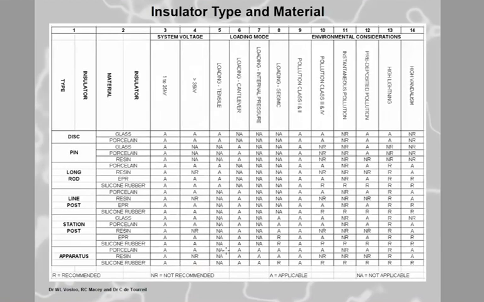Now, here's a table, and this table is in the book. You've got a disc insulator, which can be from glass or porcelain. And the pin insulator is normally glass, porcelain, or a resin, like epoxy resin. Folks, cycloaliphatic as a material has an inborn problem.